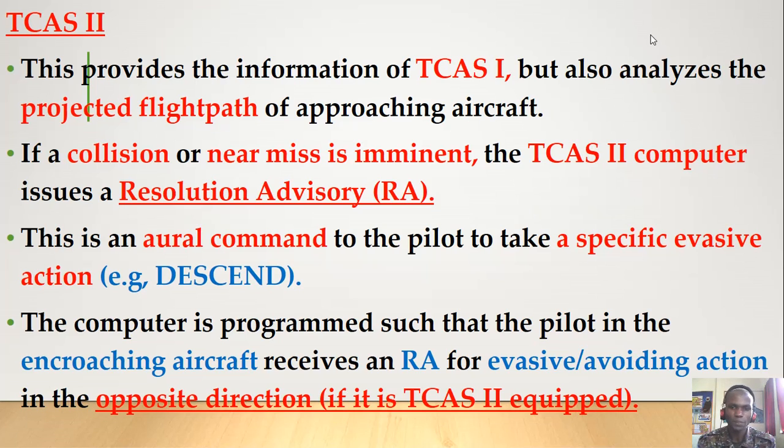The computer is programmed such that the pilot in the encroaching aircraft receives an RA, resolution advisory, for evasive action in the opposite direction. That is, if one aircraft is told to descend, the other one is told to ascend.